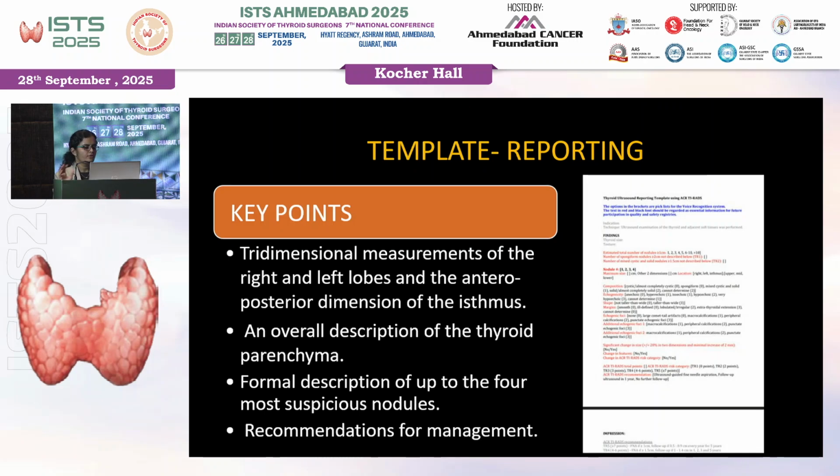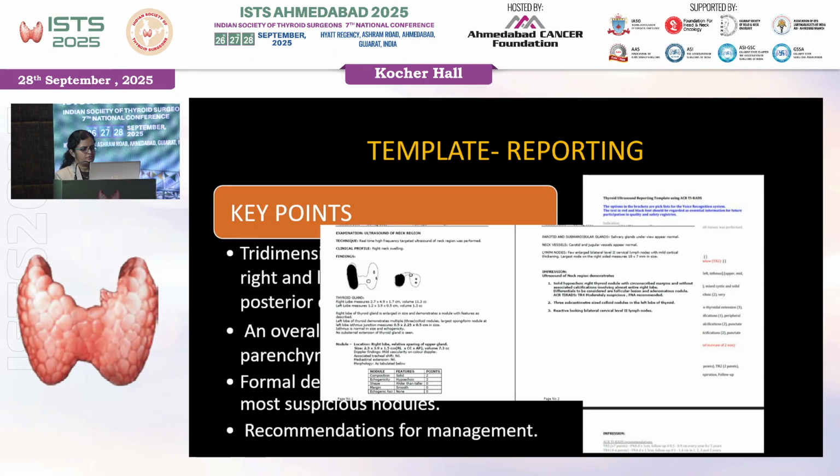So the 4 most worrisome nodules is what you formally document. So this is how you, I have modified the reporting system as per my convenience, and because we have packs, I do some diagrammatic representation on paint so that the diagrammatic report always remains in the system.